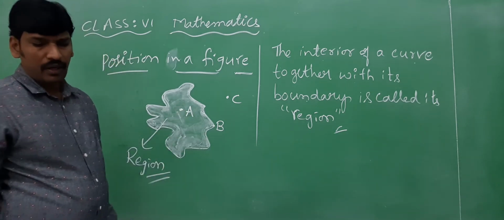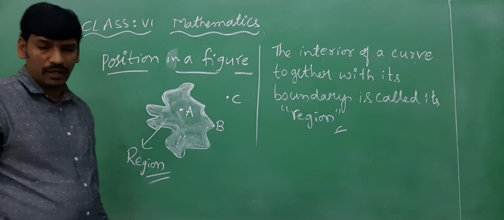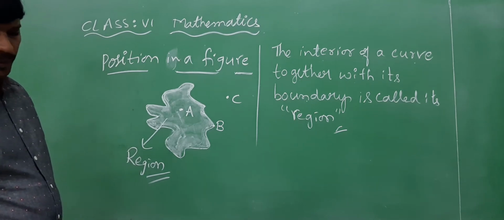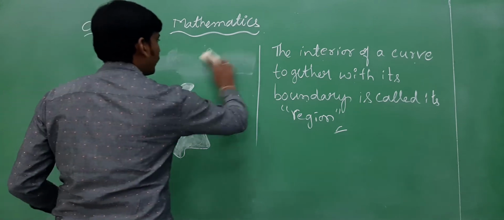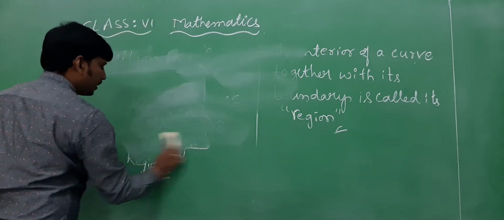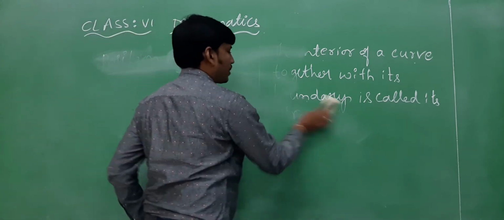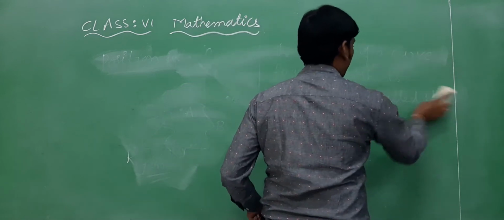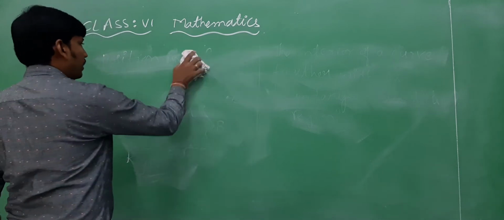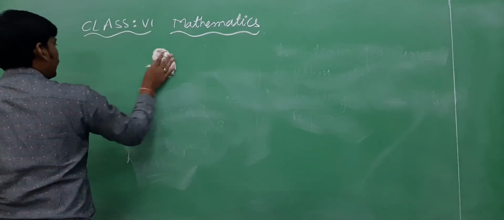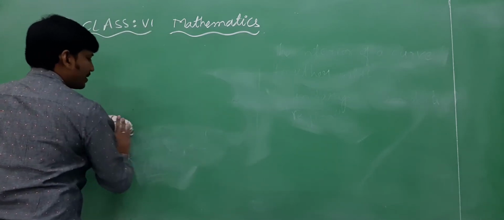Okay children, now let's discuss polygons. What are polygons, we are going to discuss right now. Till now I think you understood that. Clear? Now coming to polygons. What is meant by polygons? I am going to draw some figures so you can understand very easily.